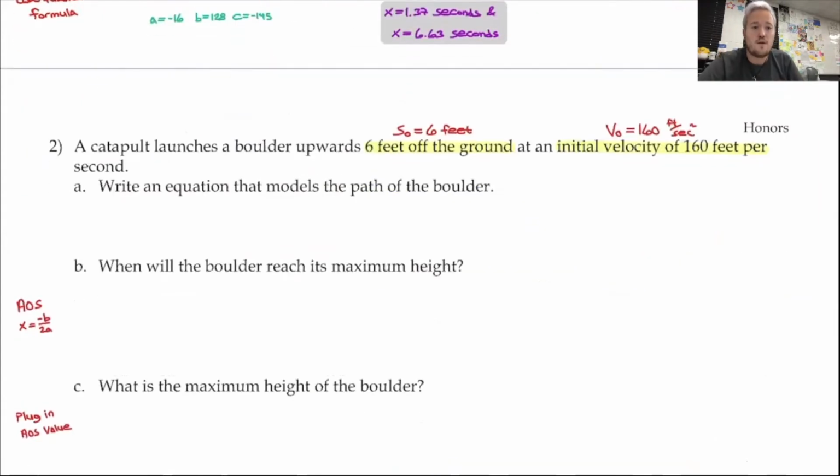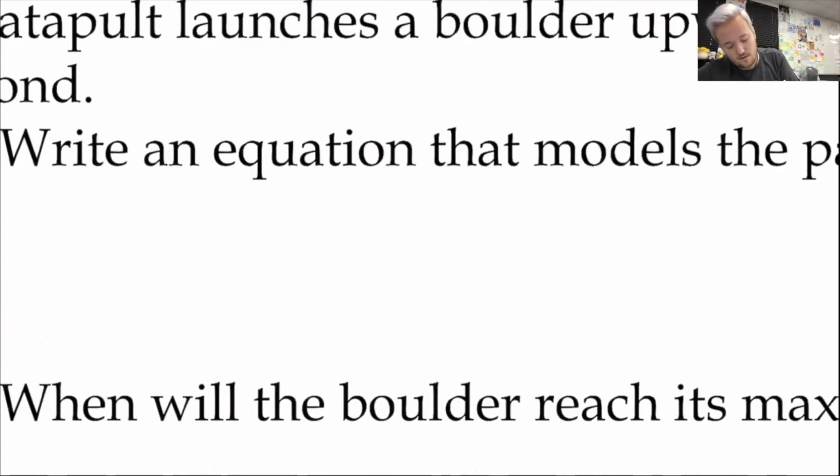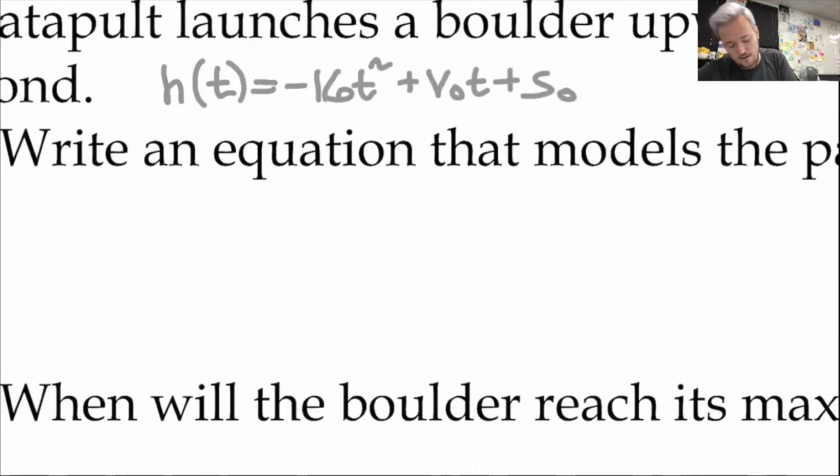All right. So now we want to write an equation that models the path of the boulder. So we're using our projectile motion equation, which is h of t equals negative 16t squared plus v naught t plus s naught.